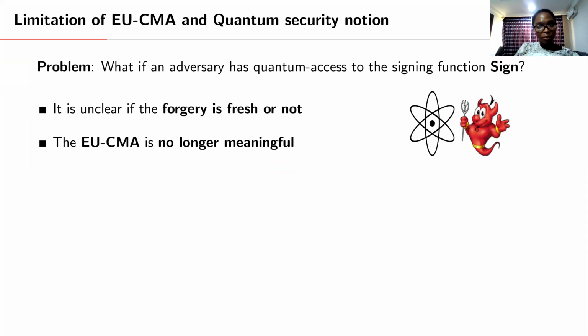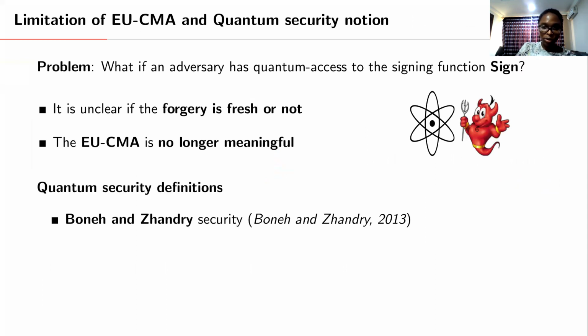Looking at this limitation, some quantum notions of definition have been proposed, like the Boneh and Zhandry security notion, which says that a digital signature scheme is secure if, after making Q queries, no adversary can forge Q plus one different message-signature pairs.